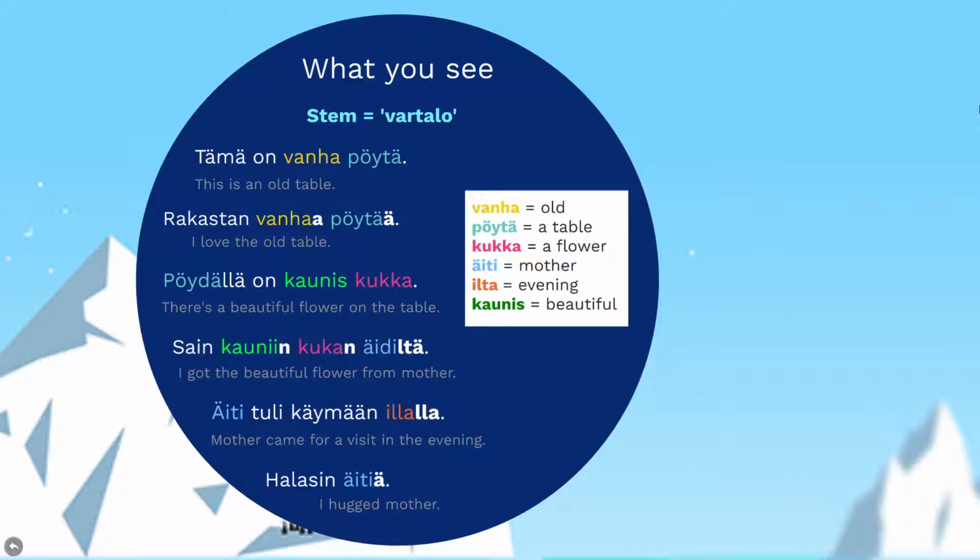Sometimes it is simple, like with the word vanha. Its stem is the same as the basic form, and you don't have to worry about the middle of the word. But often there's a word like pöytä, kukka, äiti, or ilta, and you have to know that the consonant combinations with K, P, or T will change. And what about the word kaunis then? I will get back to that in a minute.